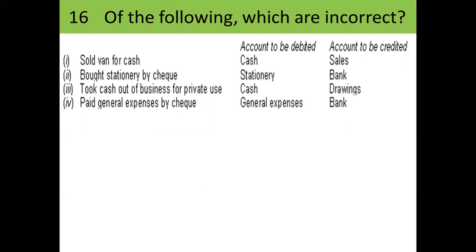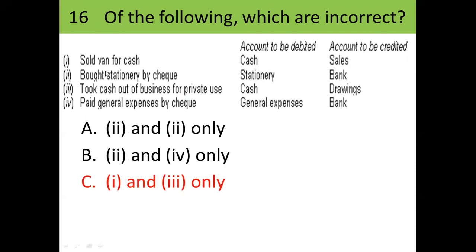Which of the following are incorrect? Yeah, we are dealing with incorrect statements. Sold van for cash. Debit cash, yes, and credit sales, no. We are crediting disposal of van.